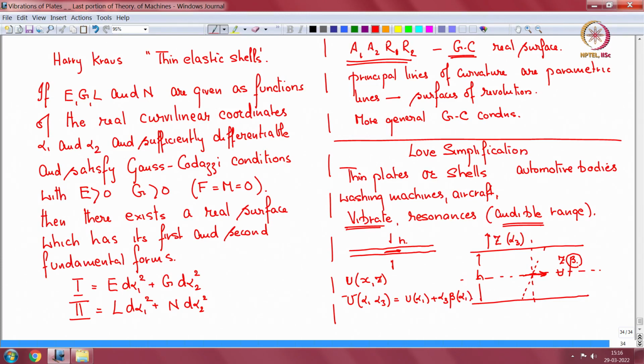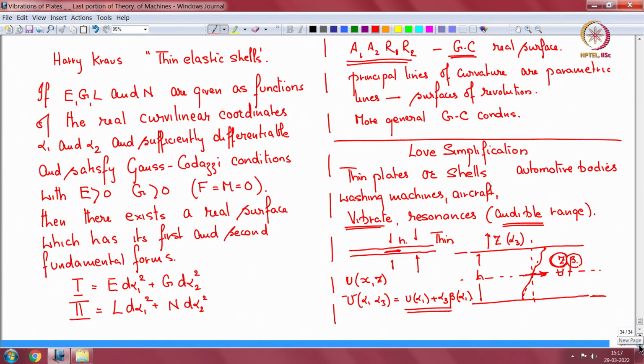And this you can do provided in the thickness direction you are thin. If this is truly thick, suppose this is no more the amplified version, then anything could happen in the middle. So you can no more say that it is a linear dependent term. But because it is thin, we are doing this additional approximation.